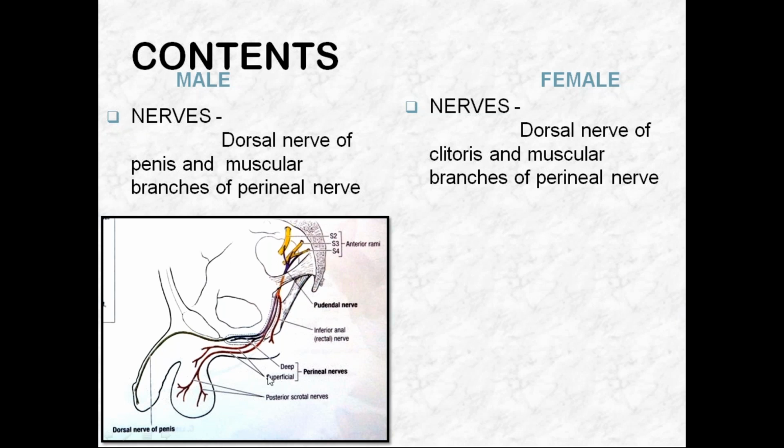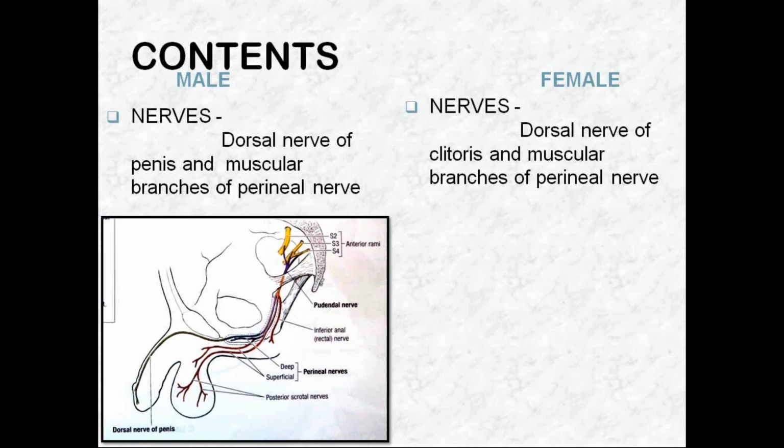In case of female, dorsal nerve of the clitoris, and muscular branches arise from perineal nerve. These supply the muscles situated in deep perineal pouch. So two nerves are situated in deep perineal pouch: dorsal nerve of the penis or dorsal nerve of the clitoris, and muscular branches arising from perineal nerve.